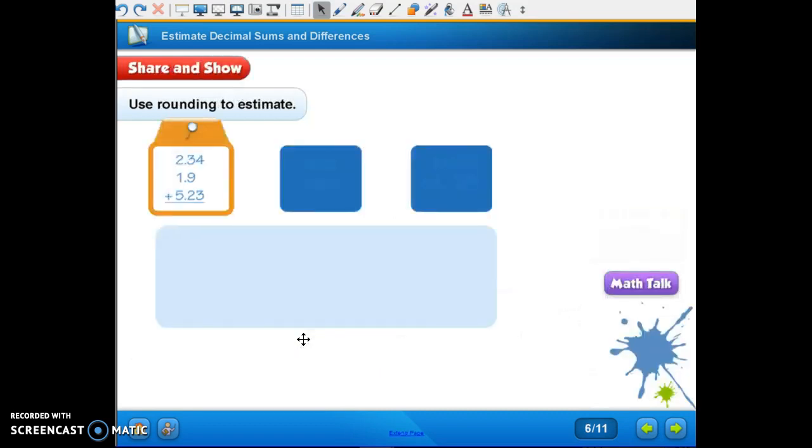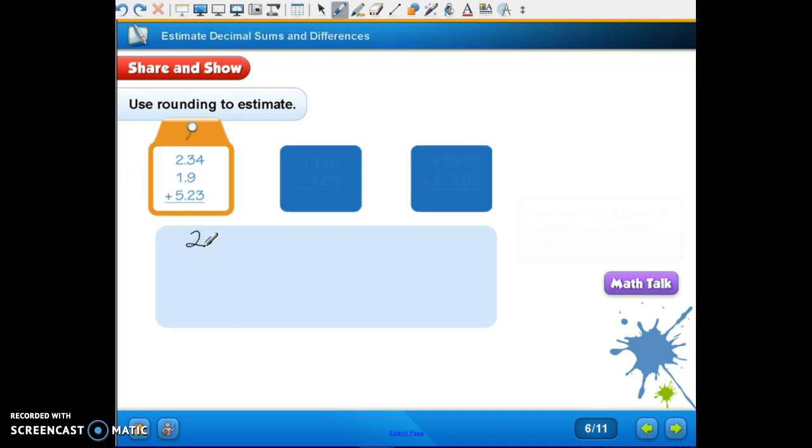This is number 1 on page 133 under the share and show. And we're going to round this to the nearest whole number. We're going to round each of these. So 2 and 34 hundredths, what is the 3 going to make that 2 do? Is it going to make it go 2 or up to 3? Stay at 2. So you should be writing this somewhere.